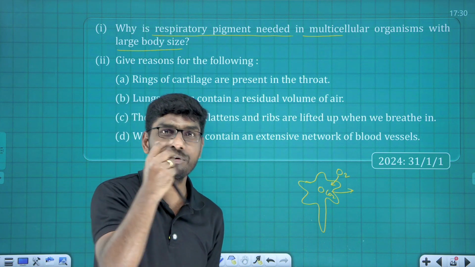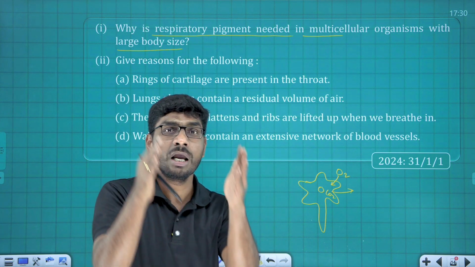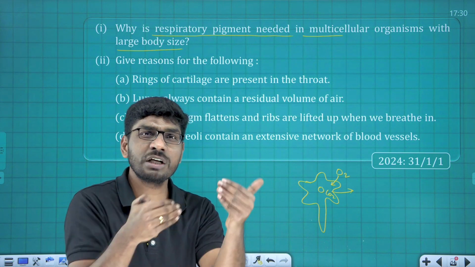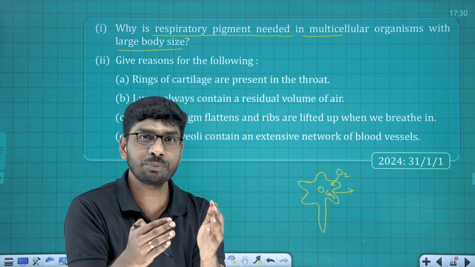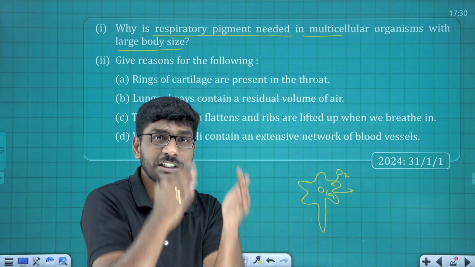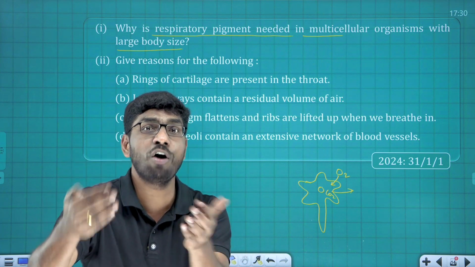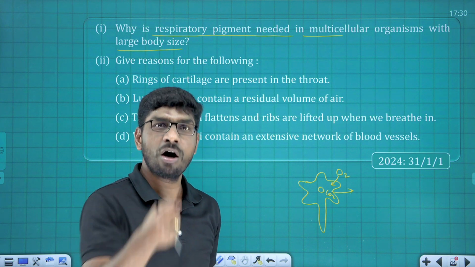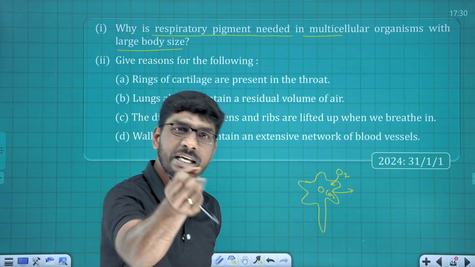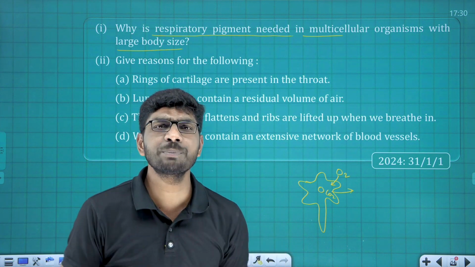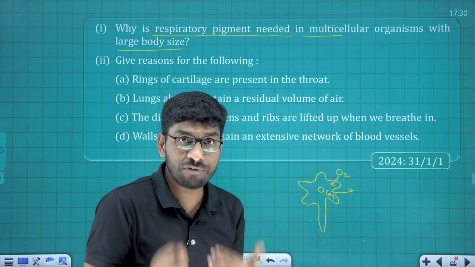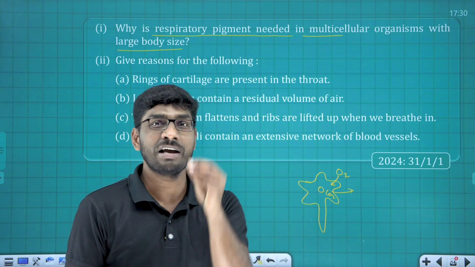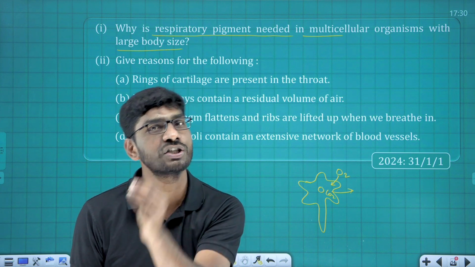We discussed alveoli. In large-bodied organisms, diffusion pressure is not enough. That's why specific respiratory organs are designed in these organisms, called lungs or skin or trachea. Different types of respiratory organs are there. In case of us, mammals and birds, we have lungs for respiration.